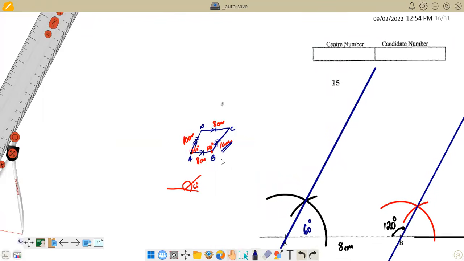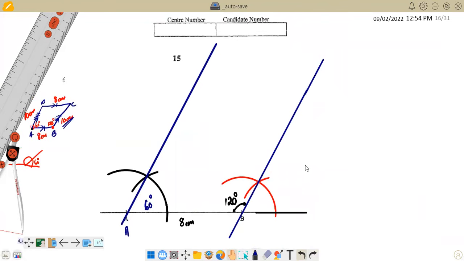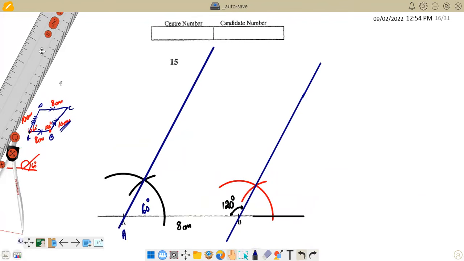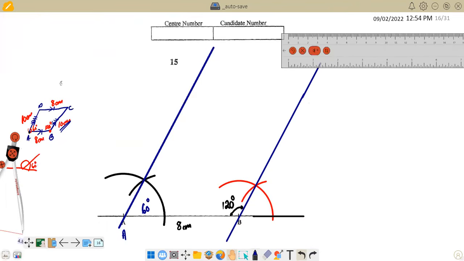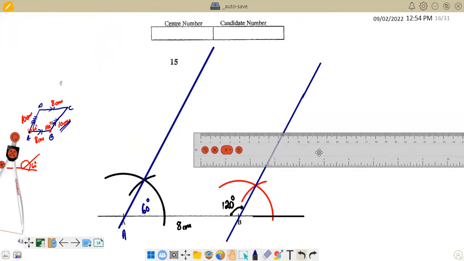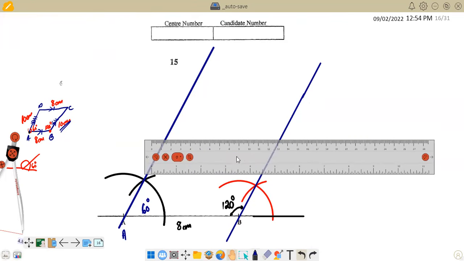Okay, so we're going to measure 10 centimeters. Let us take this diagram this side and measure our 10 centimeters on your ruler. Already here I'm having the dimensions 0 to 10 on the ruler. So you take your compass.